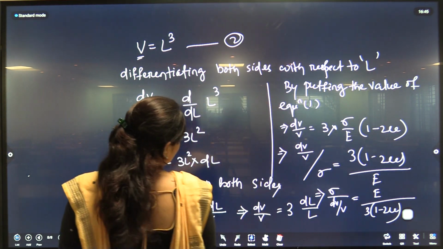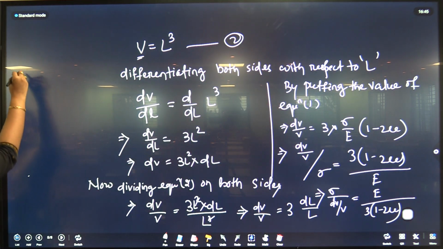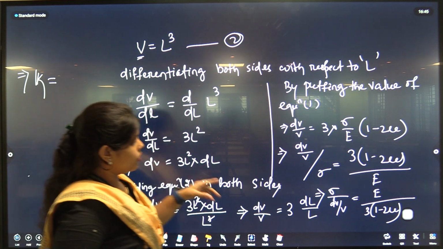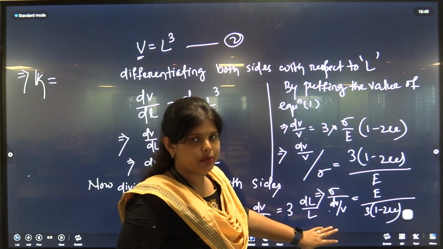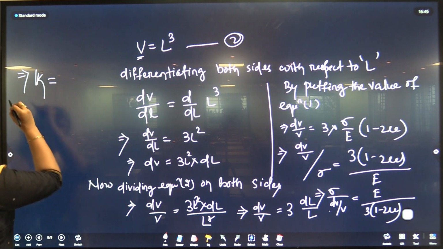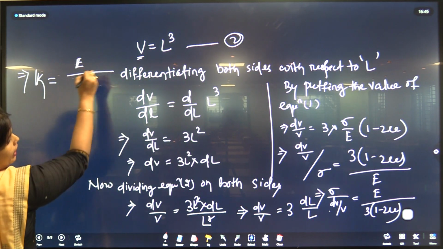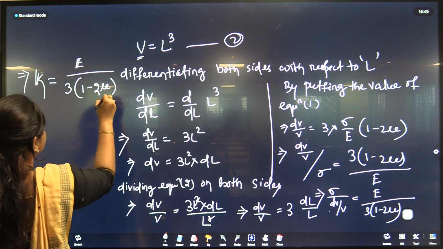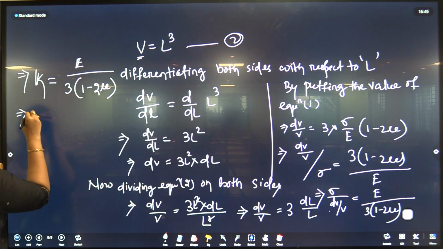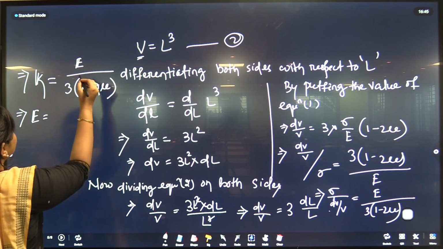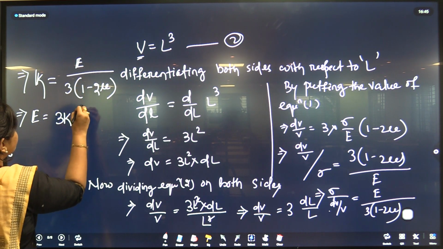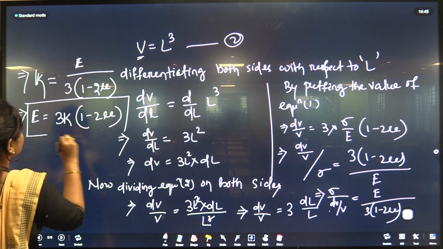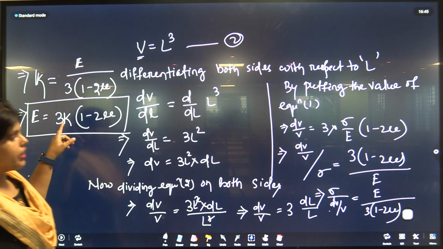So, from that equation we will get K equals, before we know that K equals sigma by dV by V. So K will become E by 3 into 1 minus 2 mu, or we can say E equals 3K into 1 minus 2 mu. These equations are important.